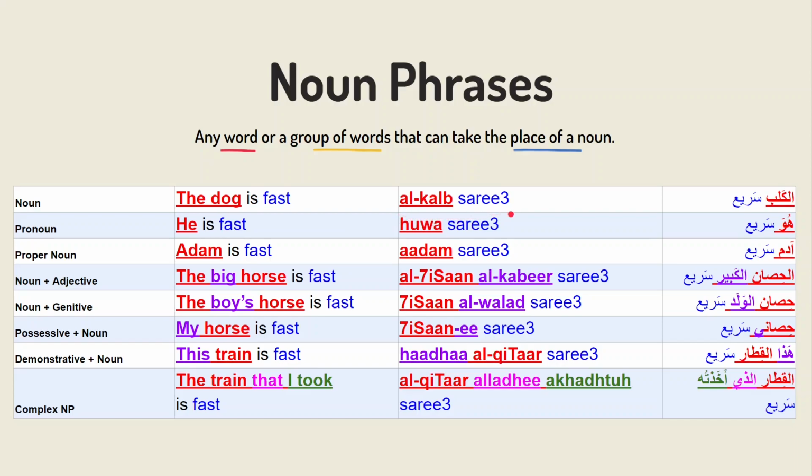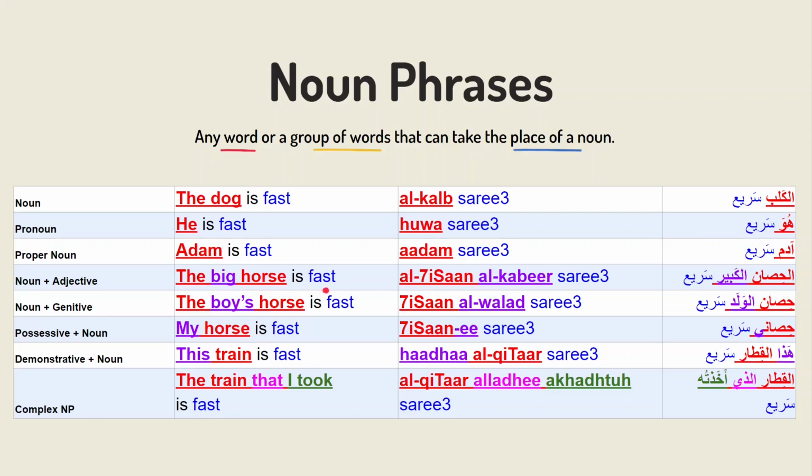And then we can also have a pronoun in the place of it. He is fast. هو سريع. And then a proper noun. Adam is fast. Adam سريع. Or a noun phrase which is made of noun plus an adjective.